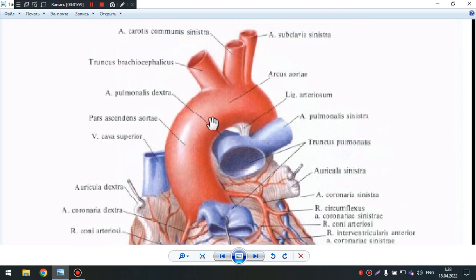From the aortic arch, from the right side to the left side, originates brachycephalic trunk, left common carotid artery, and left subclavian artery.